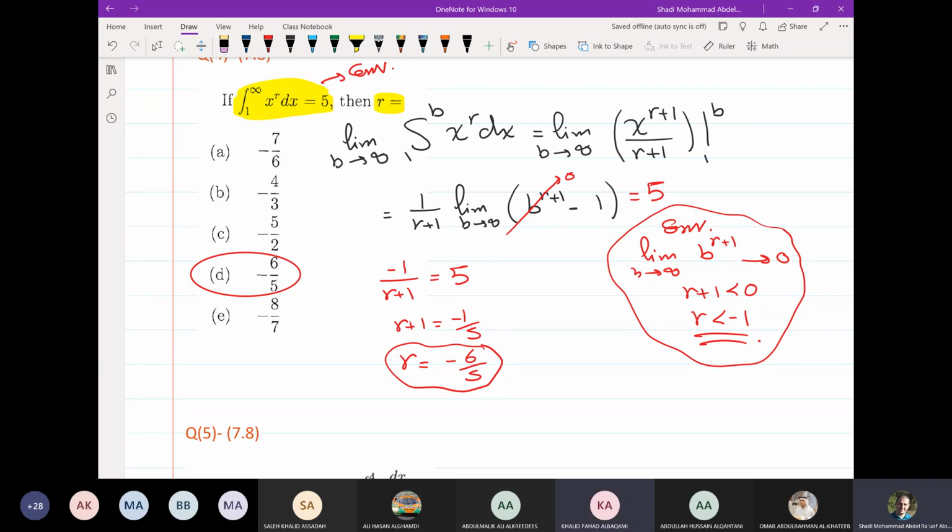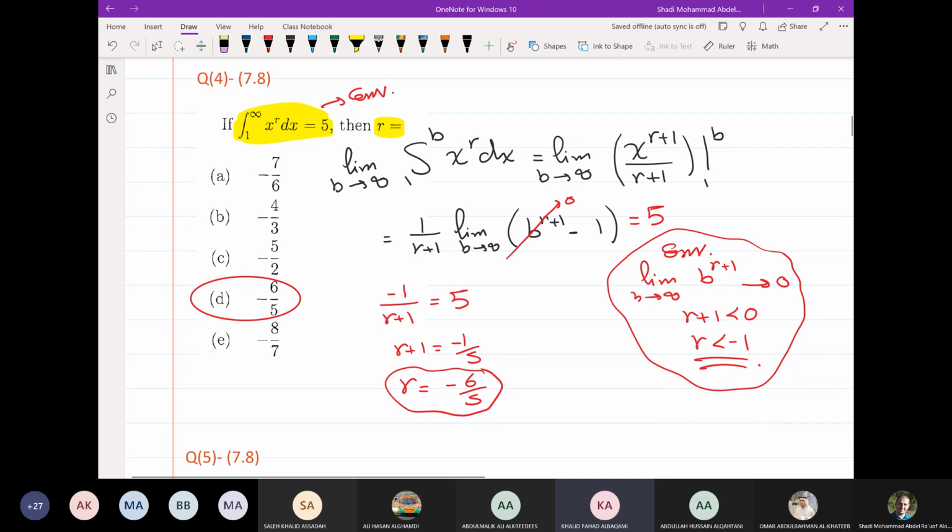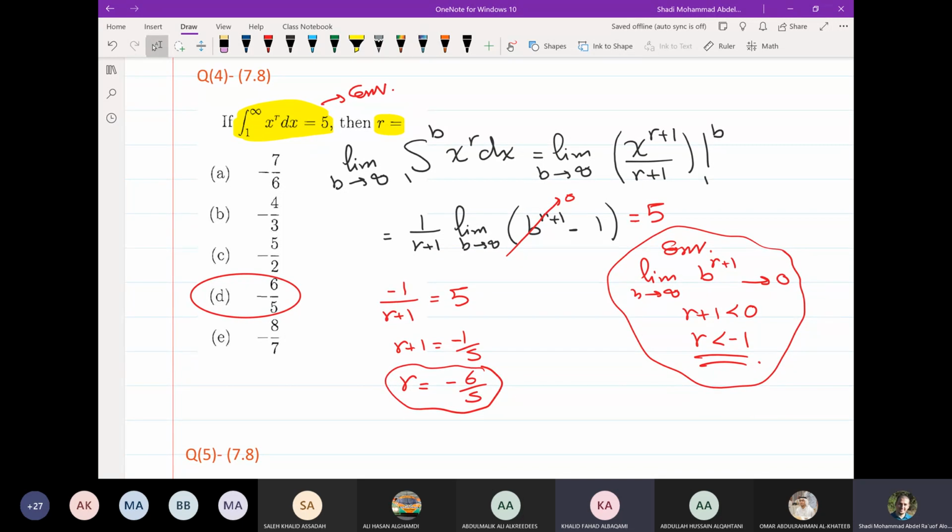Which chapter is this? Chapter 7.8. In the improper integral you have converge or diverge. We have this idea from 7.8. Maybe in 11.3 we have the integral test, right?